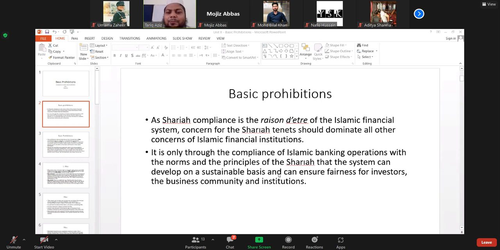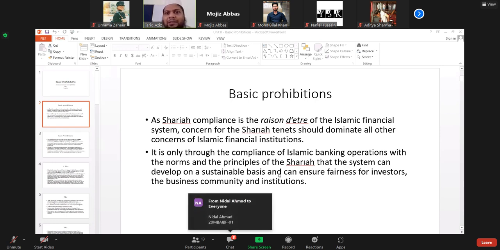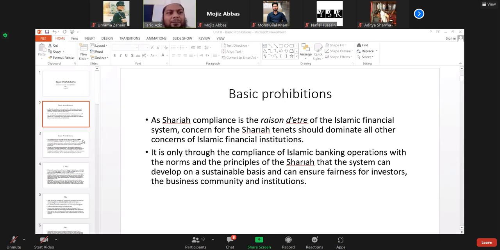Fair, this word will come multiple times during this course, because we believe that only a system that promotes justice, fairness, and equality is more desirable than a system that promotes inequality, injustice, and disquiet in society, etc.